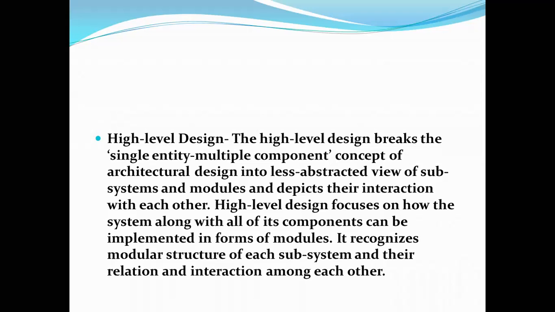But in high level design, you can depict their interaction. High level design focuses on how the system along with all its components can be implemented in the form of modules, and how the modules will interact with each other.